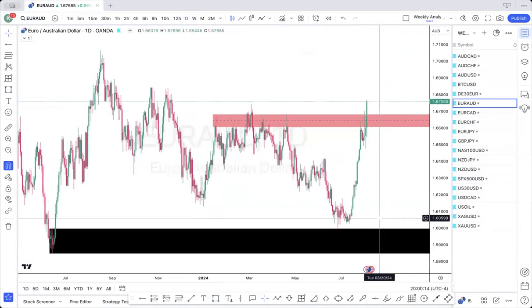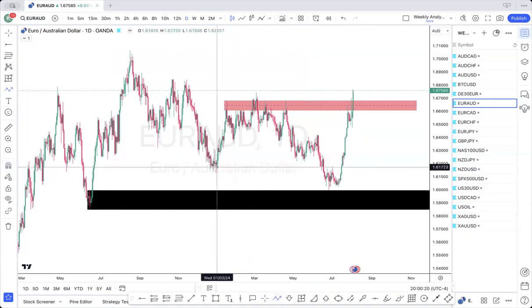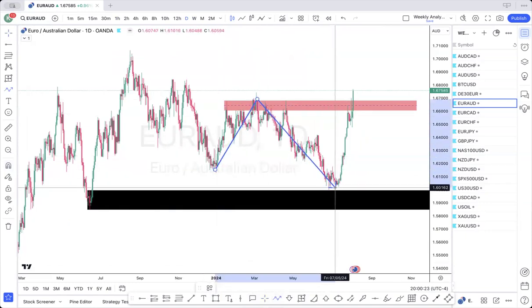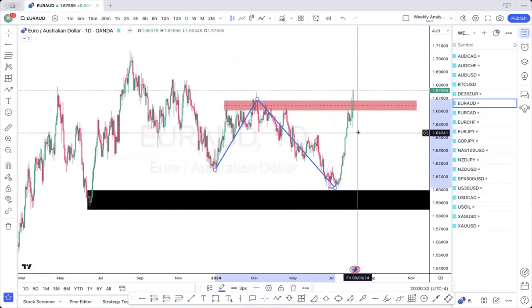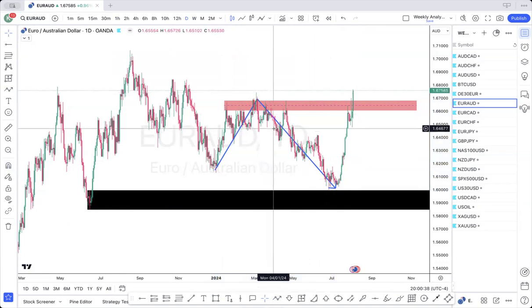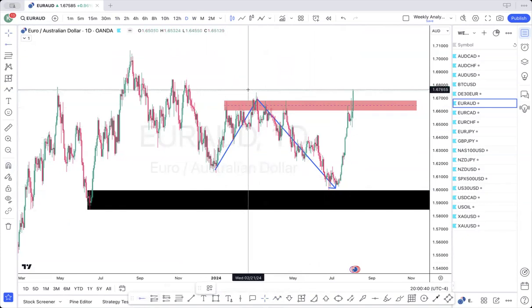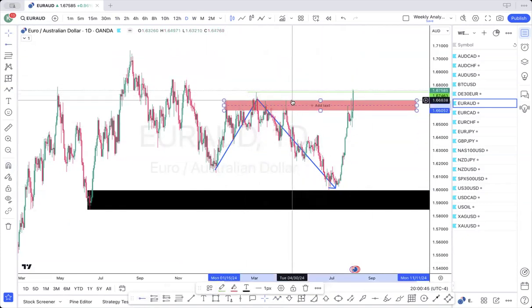And if we're looking at the higher time frame swing, this was the last higher time frame swing, right? And of course, if we go down, then we can look at the internal swings. But as we can see, the higher time frame swing has been broken.